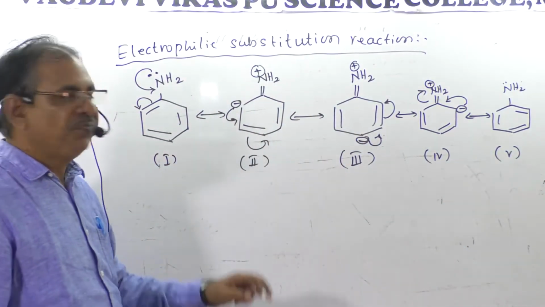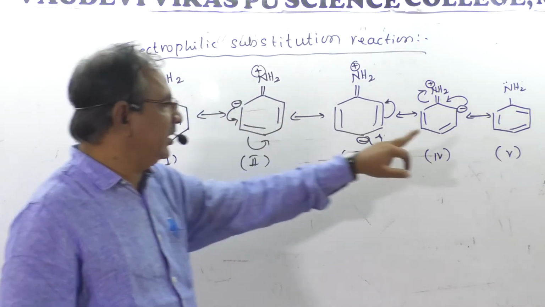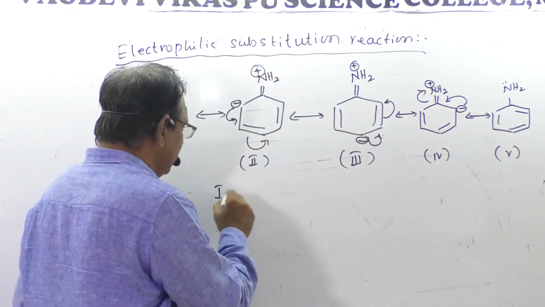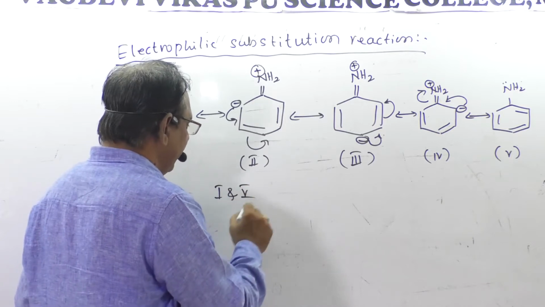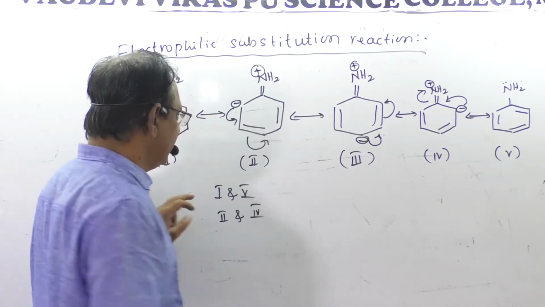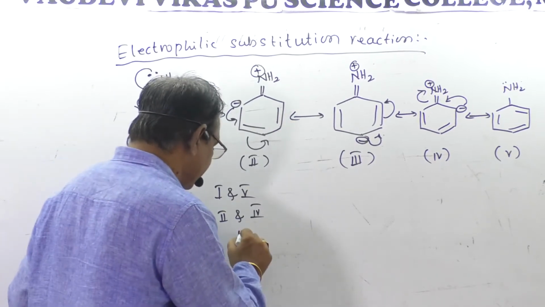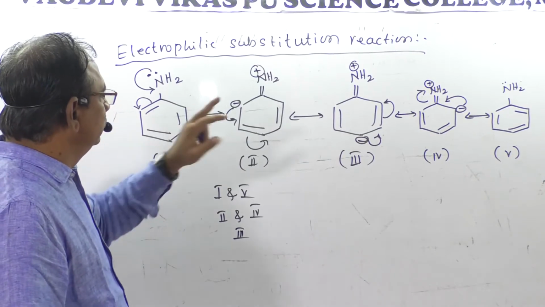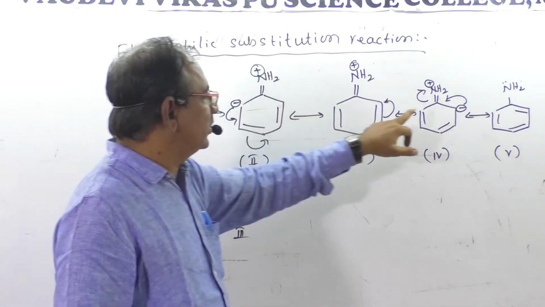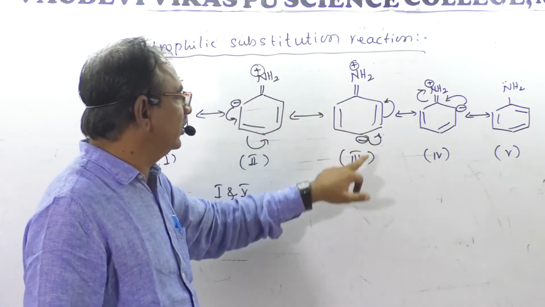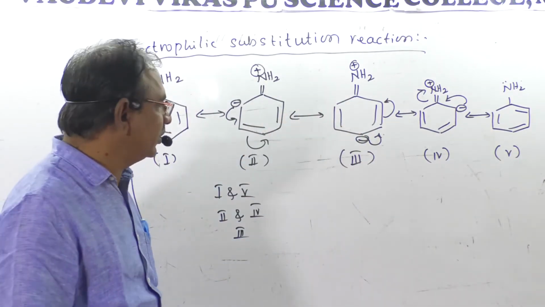See here, the first and fifth structures are the same. Then the second and fourth are the same. Then the third is different. The second and fourth are ortho-oriented structures. Then the third structure is the para-oriented structure.